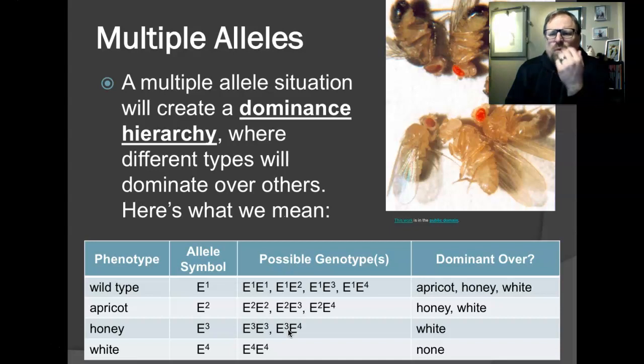So when we have a multiple allele situation, like we do for eye color in Drosophila melanogaster, there is one allele that rises to the top where the individuals are most commonly found to have that particular physical expression, and then a hierarchy is created with that one on the top and then numbers dwindling further down.